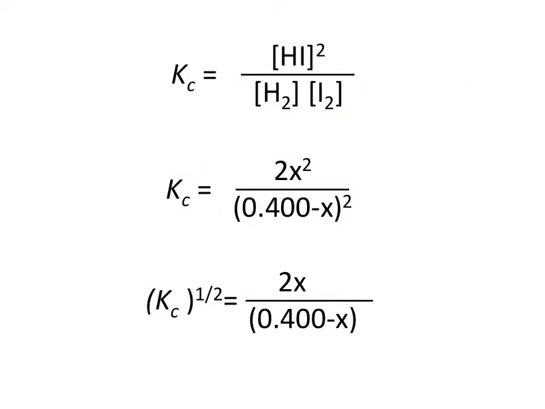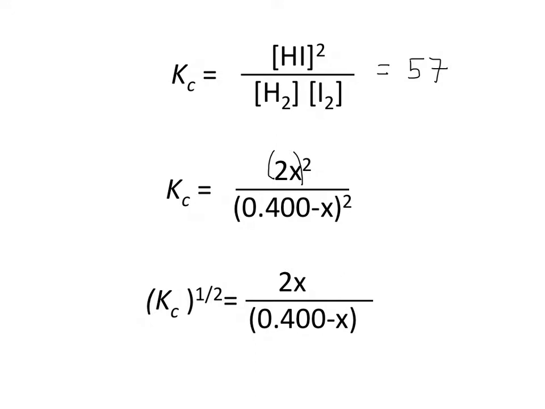Rewriting the equilibrium constant again, and recalling that this value, Kc, is equal to 57, I can begin my process of substituting in the concentrations from the table. So for HI, remember that concentration was 2x, and I really should have had a parenthesis around that HI concentration, because from our equilibrium constant expression we know that we're going to have to square that concentration.